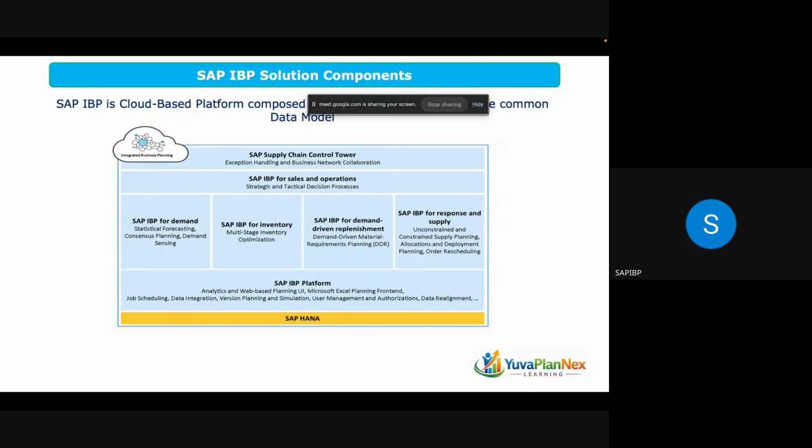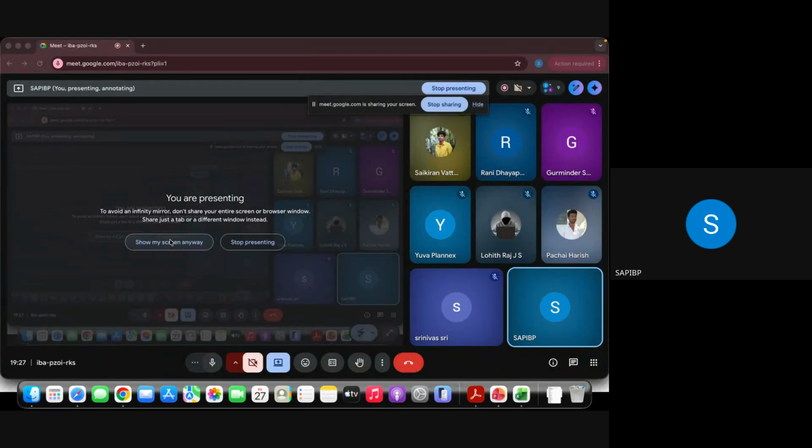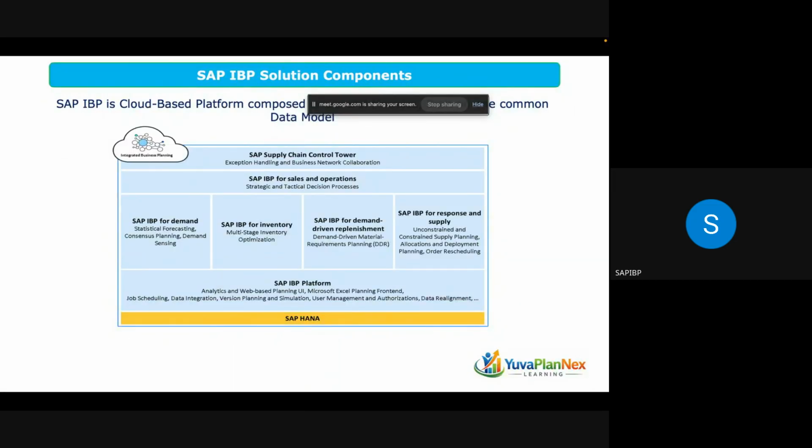Maybe Lohit, Gurminder, Rohit, Rani, any idea on the general demand planning cycle? It has nothing to do with IBP or APO or any other tool.